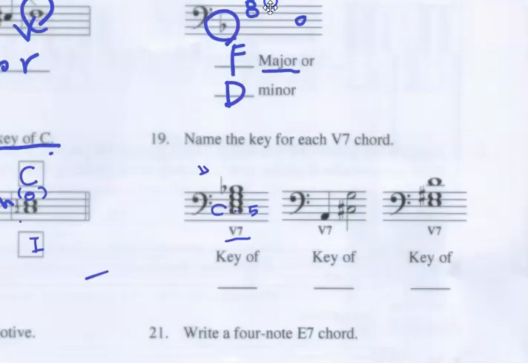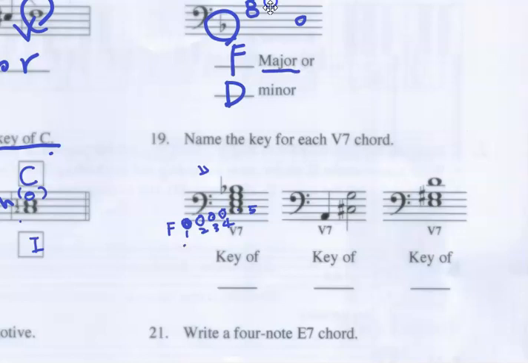Then we can go back 5 steps, down 5 steps. 5, 4, 3, 2, 1, right? F is 1. 1, 2, 3, 4, 5. So scale degree 1, which is F, is the tonic of this key, right?